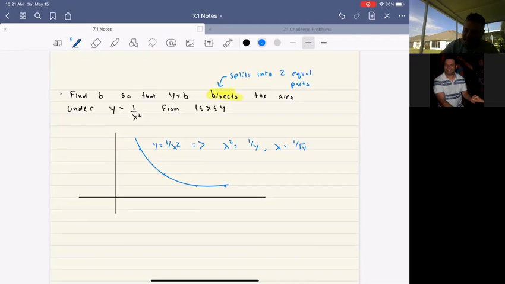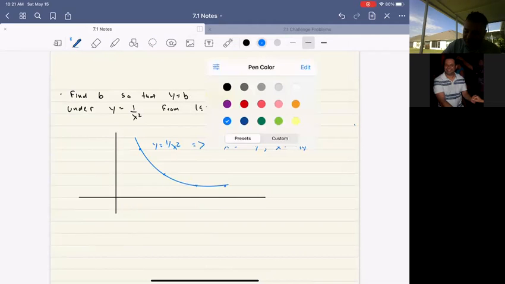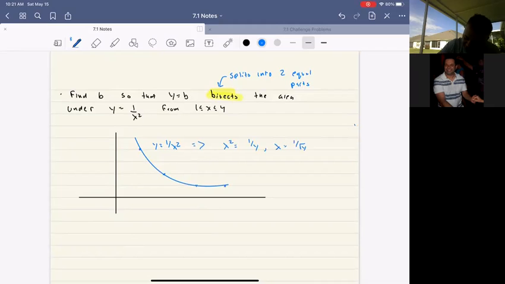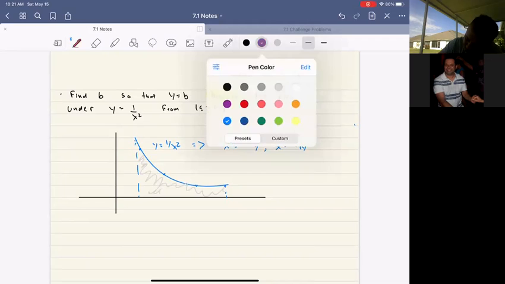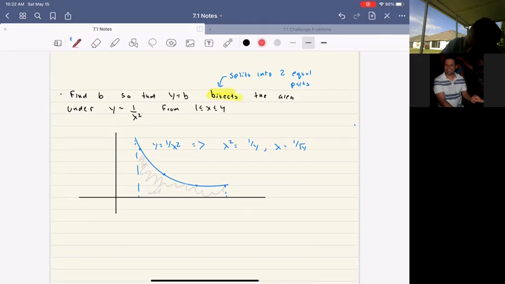Okay, so now, if we're going to do this with y equals b, let me put that area in there. I think it's going to be about here. Okay, so we're going to find y equals b to bisect the area.